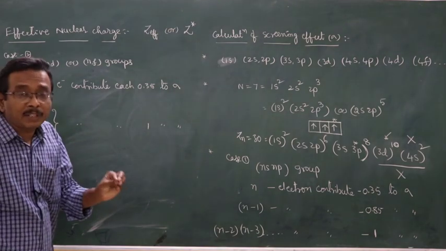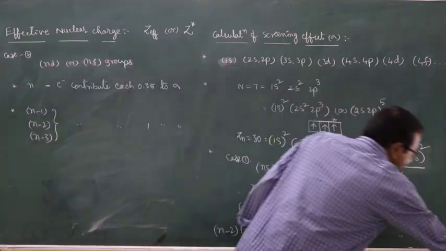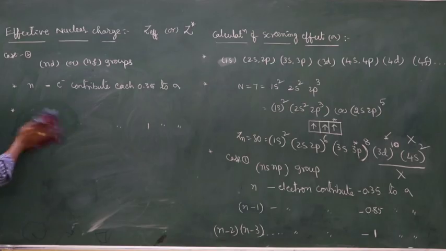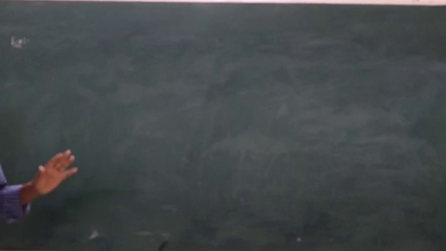Now, I will give some examples for the particular cases. What about the effective nuclear charge of the outermost electron of the nitrogen atom?